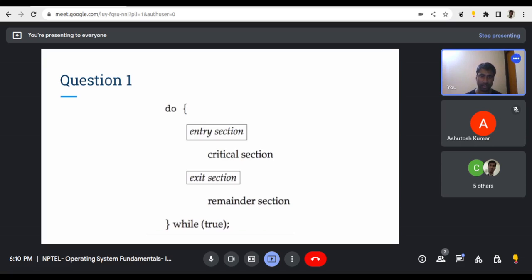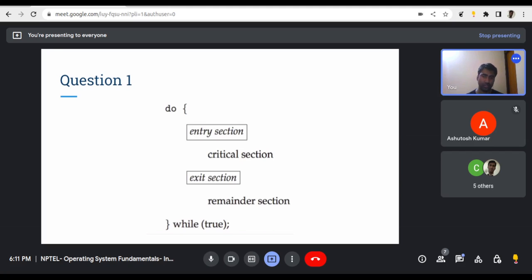Bounded waiting means that there should be a bound on how many times a process is denied entry into the critical section after it has made a request for doing so. Suppose there exists a process P1 that has requested entry into the critical section, but due to priority scheduling or some other reason, it never gets entry, and some other process is always executing in the critical section.